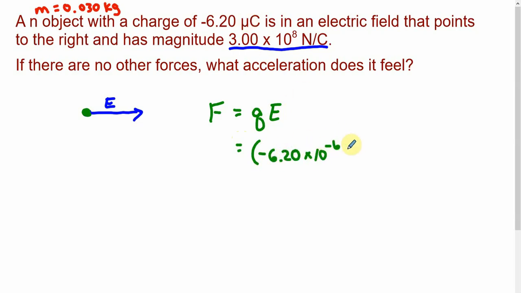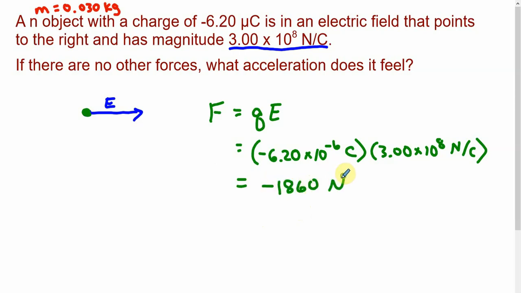That's what micro means. Times 3 times 10⁸ newtons per coulomb. Right, so you can see that coulombs times newtons per coulomb will give us newtons. And we get, counting zeros here, 1, 2, 3, 4, 5, 6, -1,860 newtons. So that's the force it will feel.